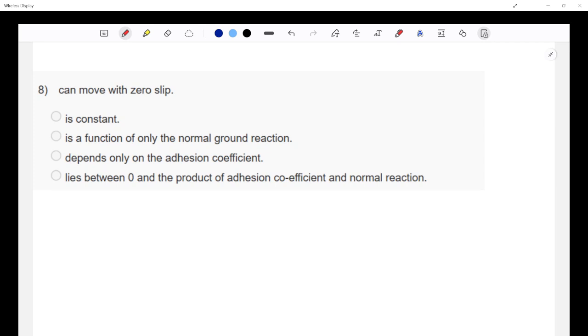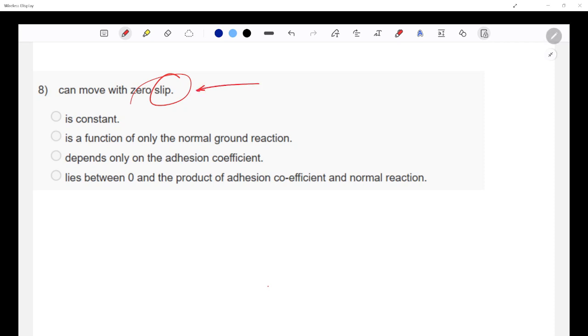The question says that slip is a function of only normal ground reaction, depends on the adhesive coefficient, and lies in between zero and the product of adhesion coefficient and normal reaction. So the question is about tractive force limits and friction modeling.